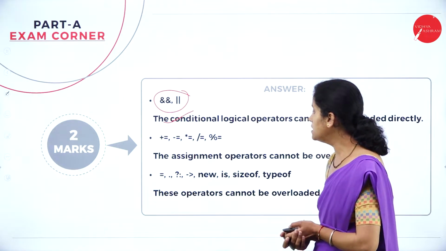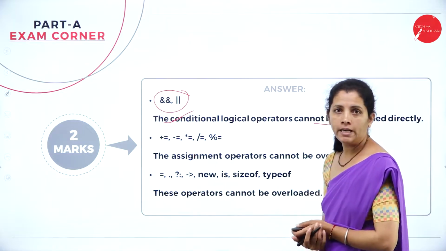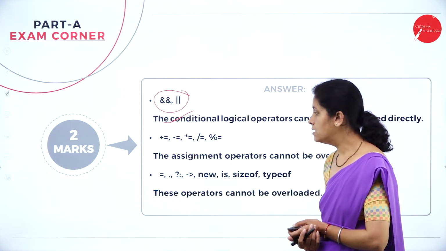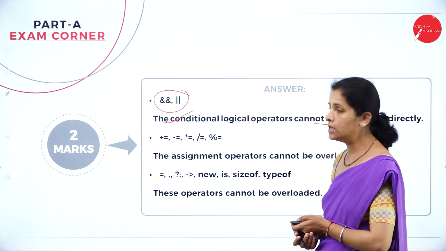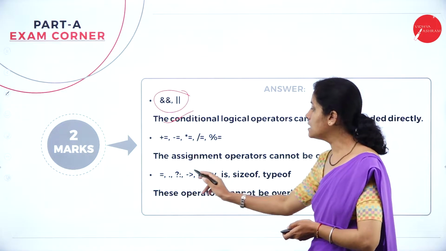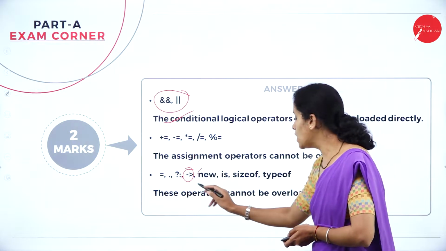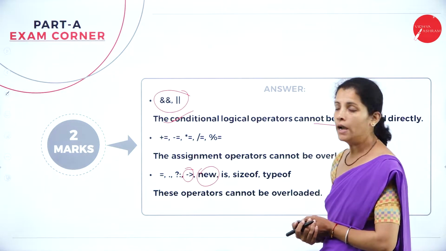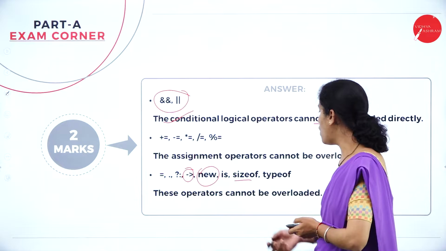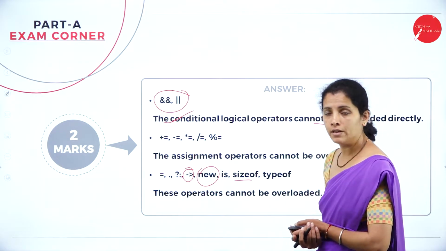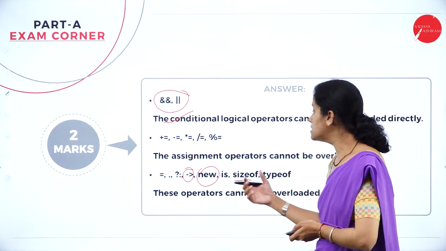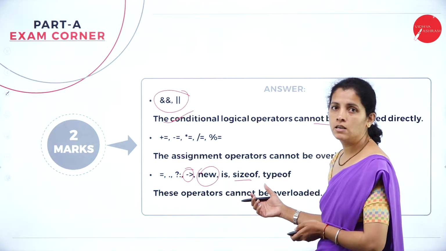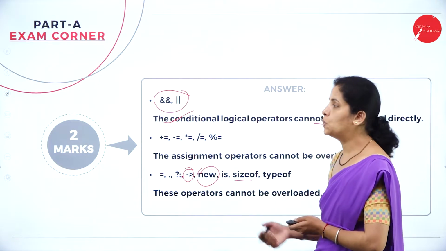And if I consider some other operators like equal, dot operator, question mark colon, as well as arrow. Along with that, new, is, sizeof, typeof. These are the certain operators that cannot be overloaded.